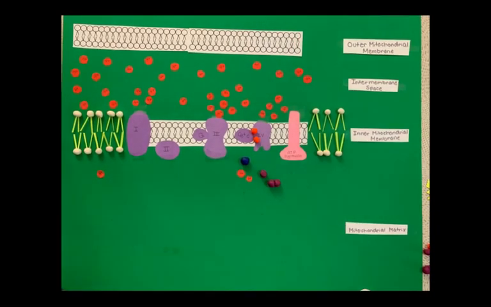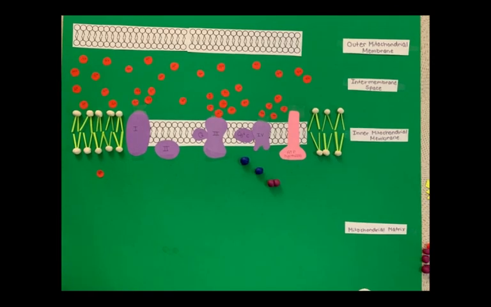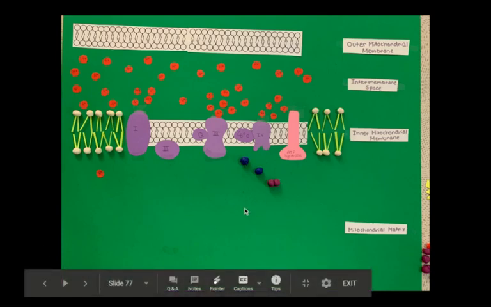And then it's going to combine with the H plus and the oxygen to make another molecule of water. So this is the H2O that's formed, which is then released by your body normally in the form of sweat, and the H2O is represented by the blue balls of Play-Doh.